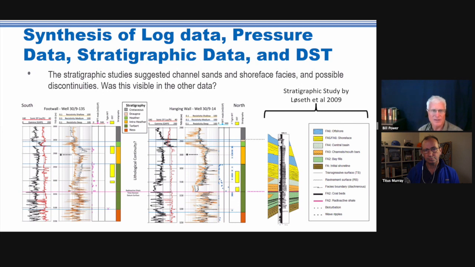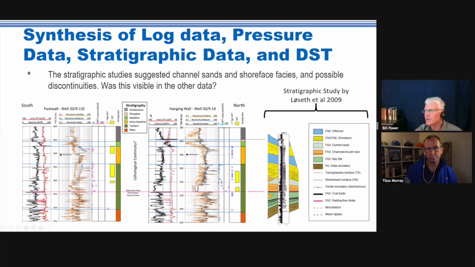Well, it turns out that the level where the map crosses those two well paths is shown with the black asterisks and the black dotted line, and it's actually down from the top of the Viking group. And it turns out that some of the DST tests were above that level and some were below it. So, it's really hard to understand what was done and why.